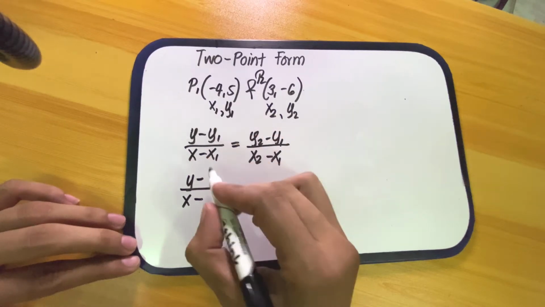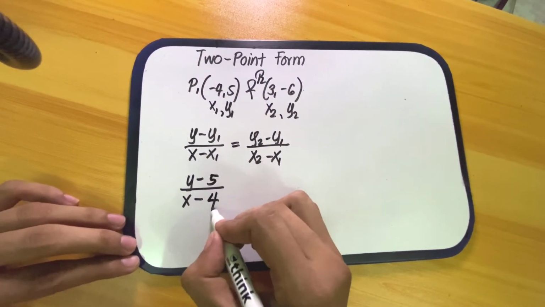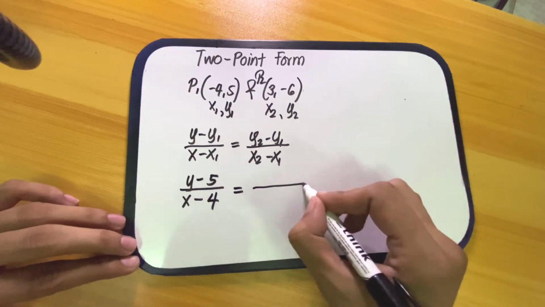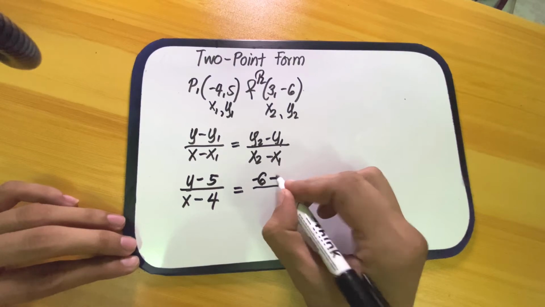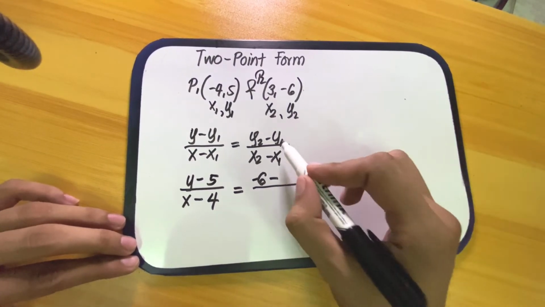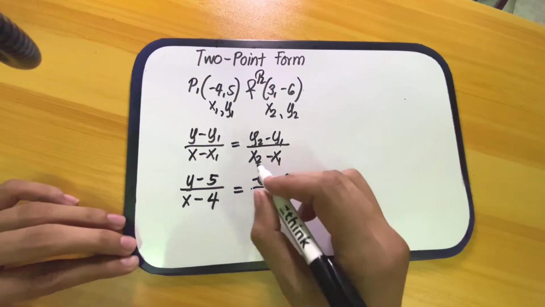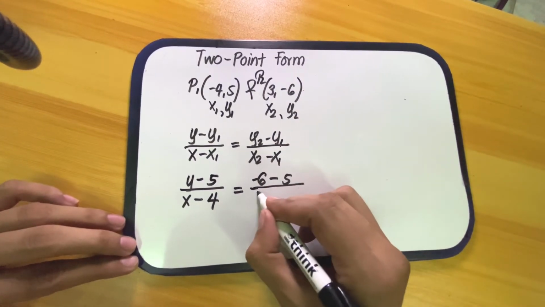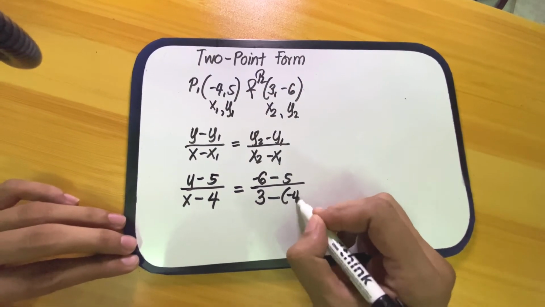So y sub 1 is 5, x sub 1 is 4, equals y sub 2 is negative 6, minus your y sub 1 is 5. Okay, your x sub 2 is 3, minus your x sub 1 is negative 4.